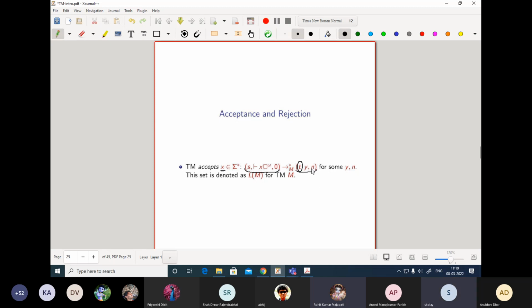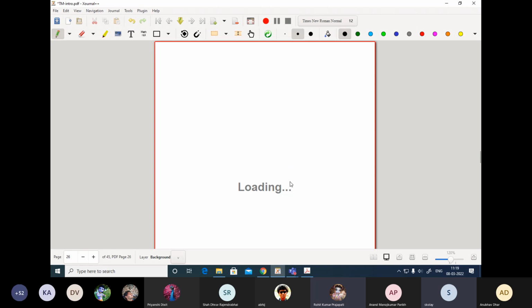Y is some string in Gamma star, and n is some position on the read-write tape. But the important thing is you start at the start state and reach the accept state. The set of such strings that are accepted by this Turing machine M is going to be denoted as L of M, and this is going to be the language accepted by the Turing machine.